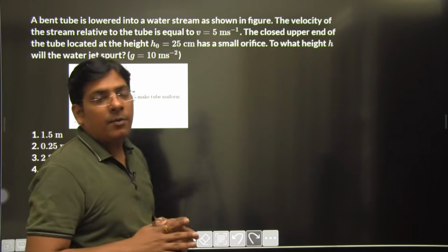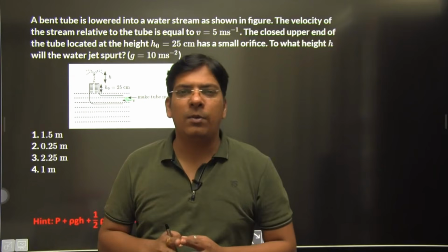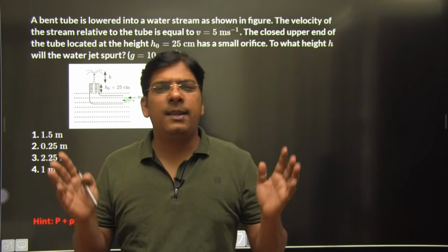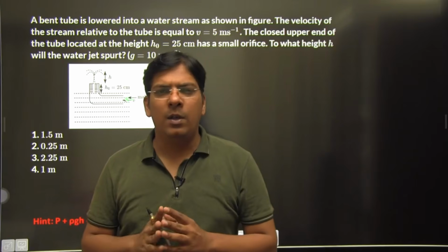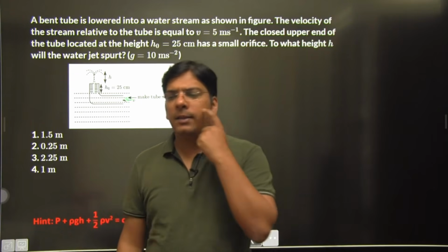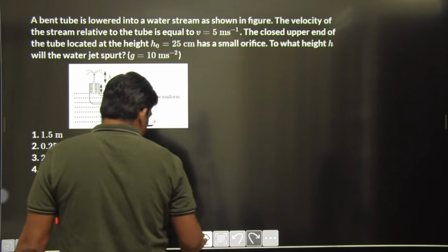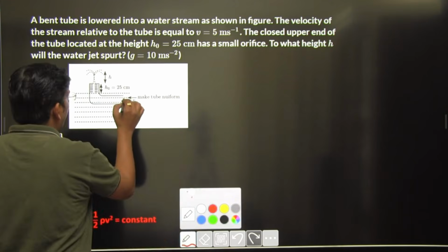Dear student, this is a wonderful question, and definitely we'll be using Bernoulli's theorem for solving it. Let us see how we will apply it. The thought process is that I am going to use Bernoulli's theorem between these 2 points.